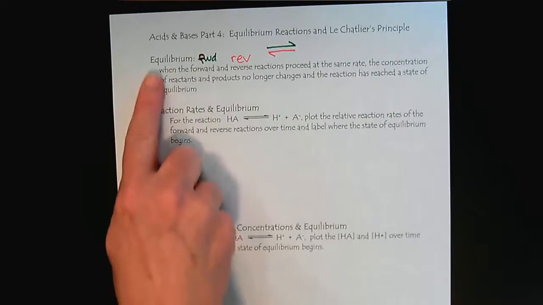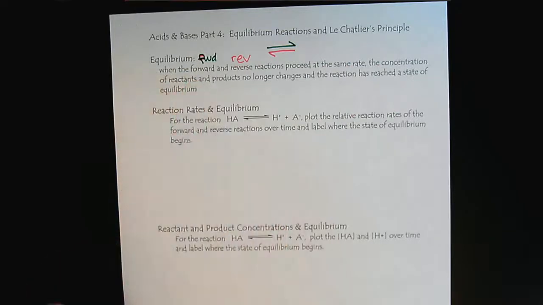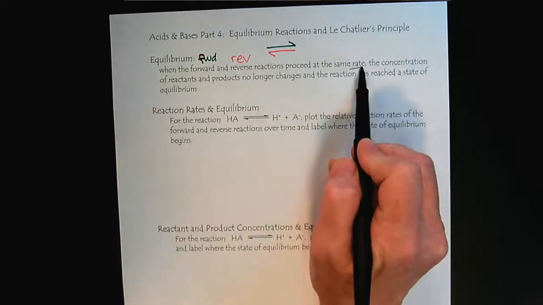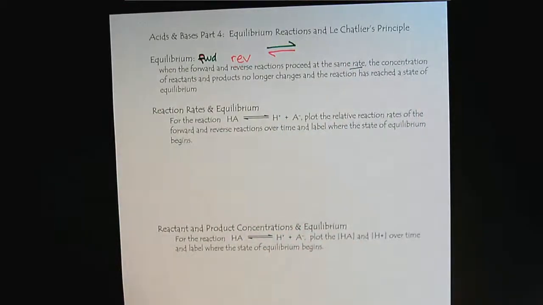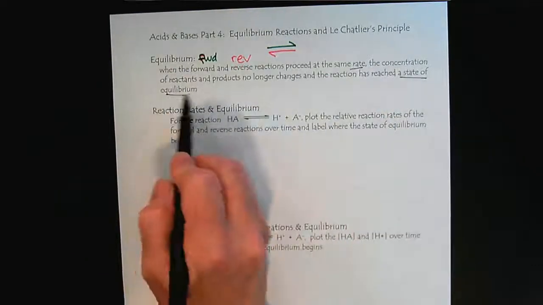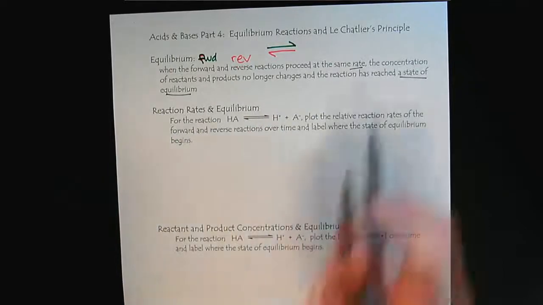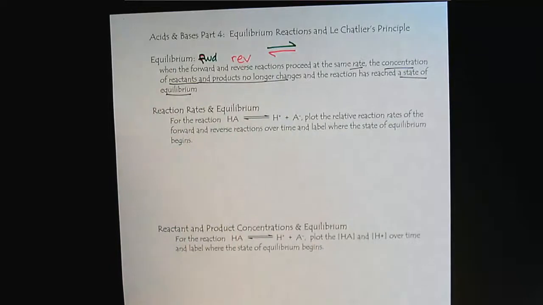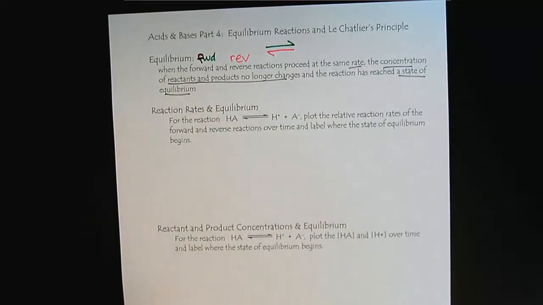So at equilibrium, the forward and reverse reactions are proceeding at the same rate. Another interesting feature of equilibrium reactions is that when a reaction is at a state of equilibrium, the concentration of the reactants and the products no longer change.